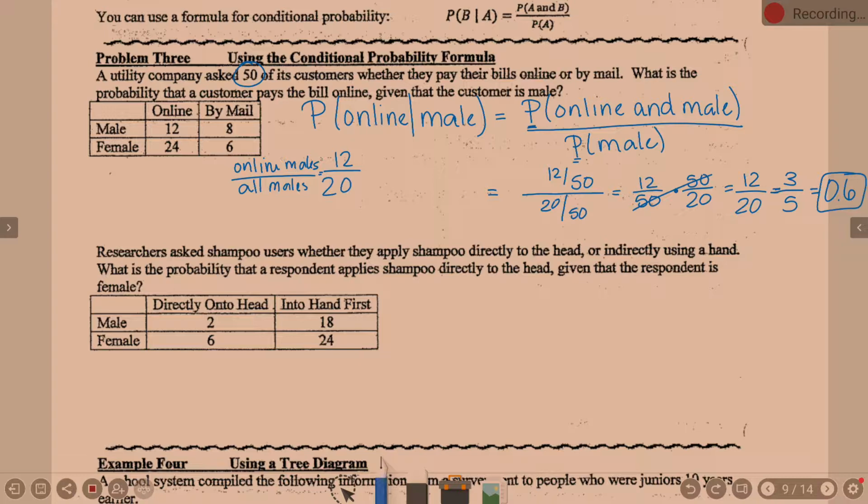Researchers ask shampoo users whether they apply shampoo directly to the head, squeeze the bottle on your head, I guess, or indirectly using a hand. Squeeze it on your hand, then put it on your head. What is the probability that a respondent applies shampoo directly to the head, given that the respondent is female?